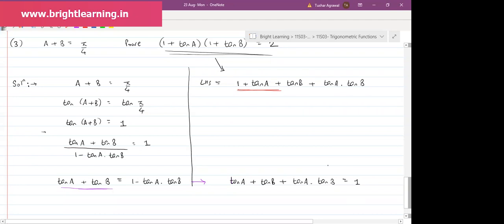Now, to bring this identity, what do I have to do? I just have to add 1. This is my target. This expression is known to me. So if I add 1 to both the sides, 1 plus tan A plus tan B plus tan A tan B will be equal to 2.